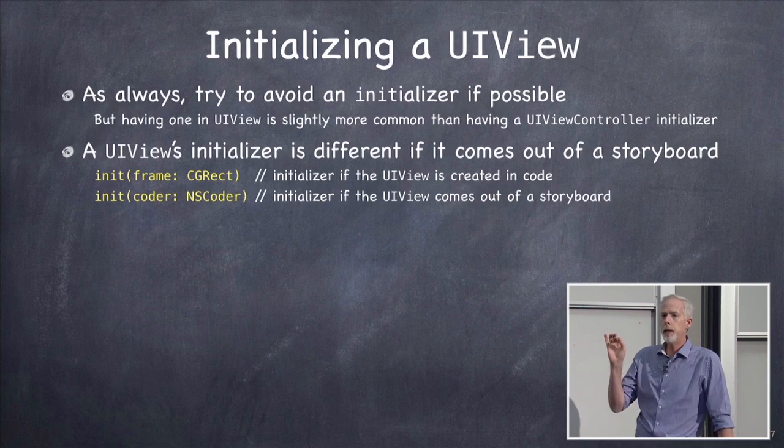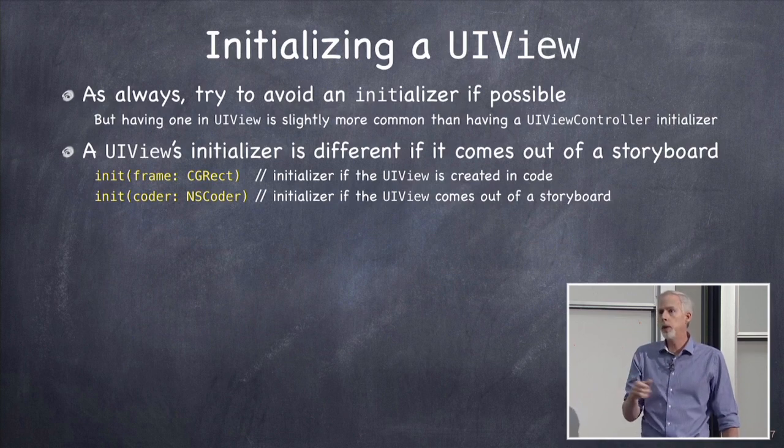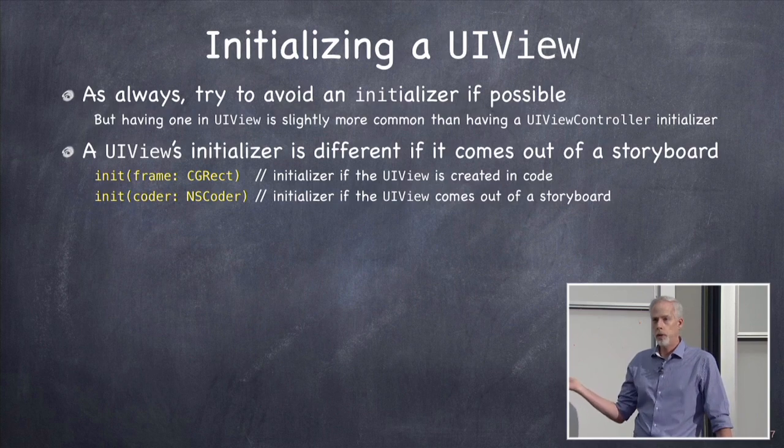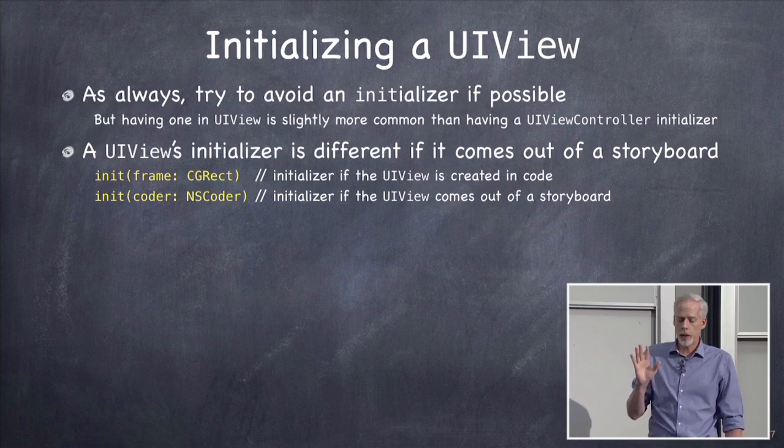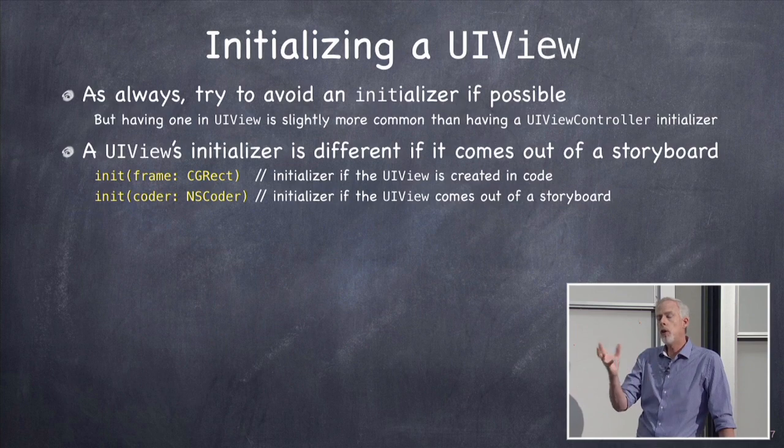Okay, one of them, init with the frame as the argument, is the one that you would call if you're trying to create a view in code, which you'll probably never do in this class, okay? Because you're always going to do it in Interface Builder with Xcode. So that's the in-code one. And then init with coder, which I'll talk about right at the end of class, but it's not important to know early on. That's the init that gets called when your stuff comes out of Interface Builder, right?